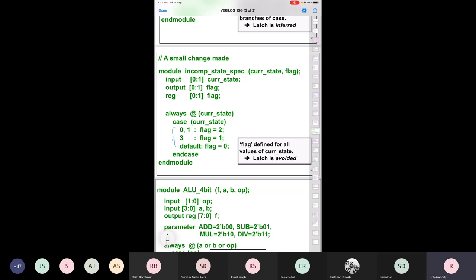What happens when the car_state is 2, which is not known, not defined? For that, you can have a default clause in the case statement, so that every other case which has not been handled by these two, all other cases, this default means all other clauses.